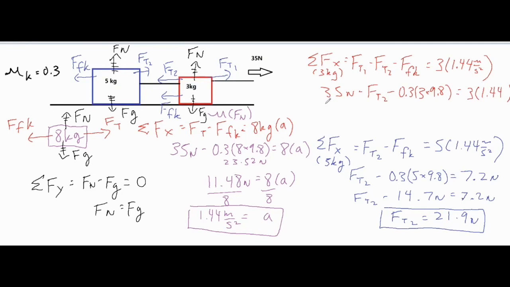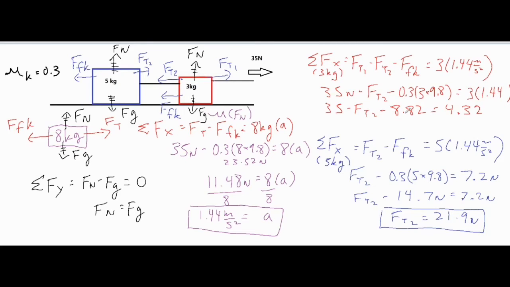So now if we multiply some of our values, we have 35 minus FT2 minus 8.82 equals 4.32 newtons on the right side.